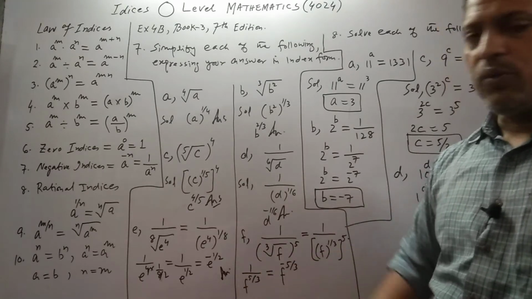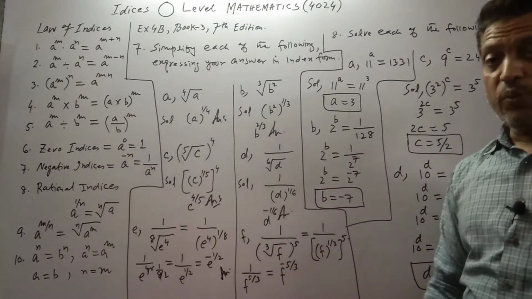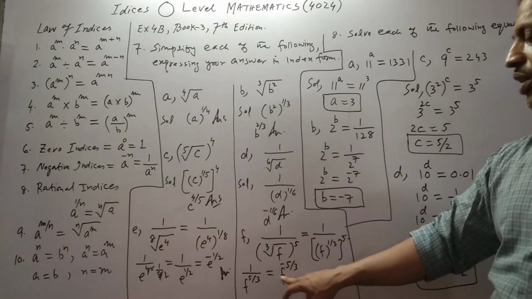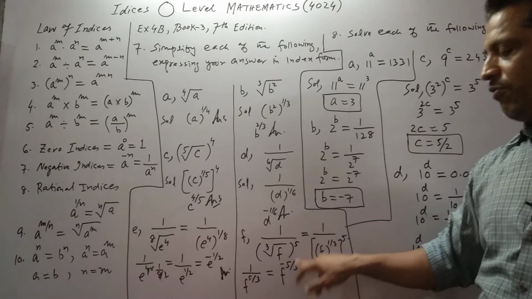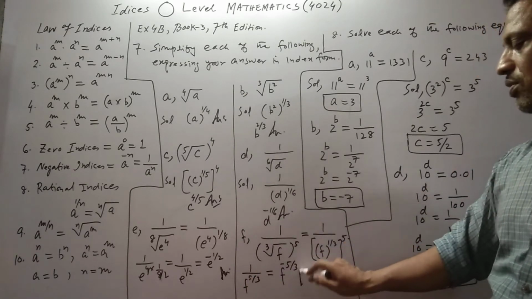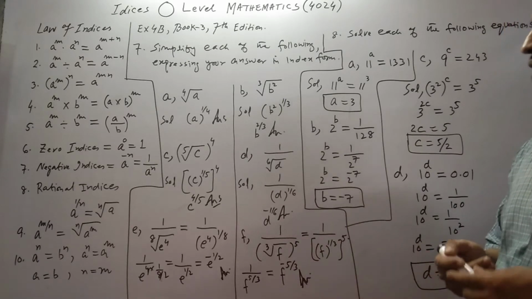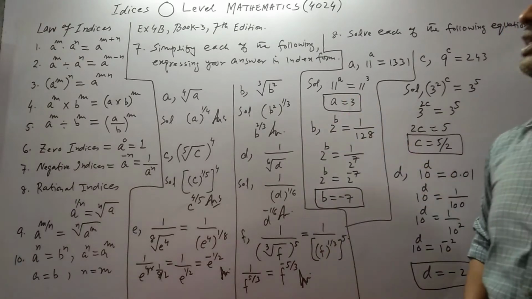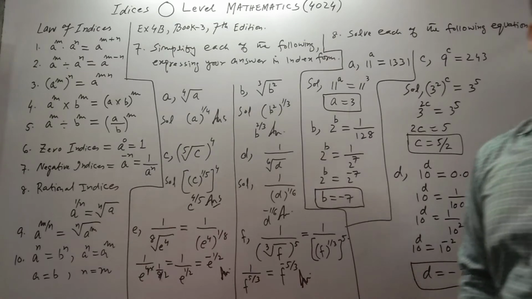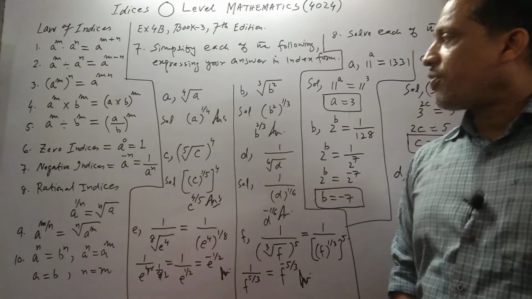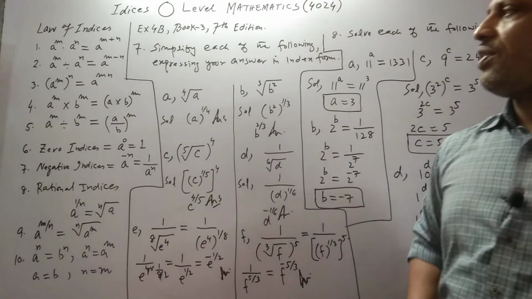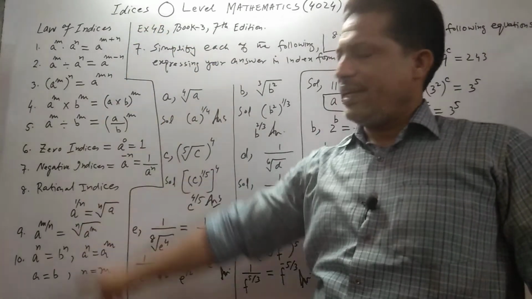Move 5 upon 3 to become numerator. It will convert f to the power 5 upon 3 to f to the power minus 5 upon 3. So this is your last answer. So we have done question number 7. These are very easy, isn't it? Of course, these are very easy if we know the laws of indices.